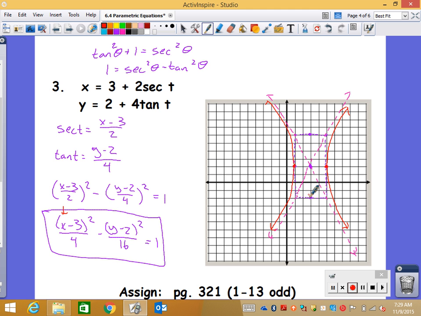But the only difference is because I'm subtracting here, I make my box. I connect it with a nice purple box there. And then I draw on my diagonals. Then I have to go back to my equation and think, hey, the x term is first. Order matters in subtraction. Since my x term is first, I open up my hyperbola or my parabolas left and right instead of up and down.